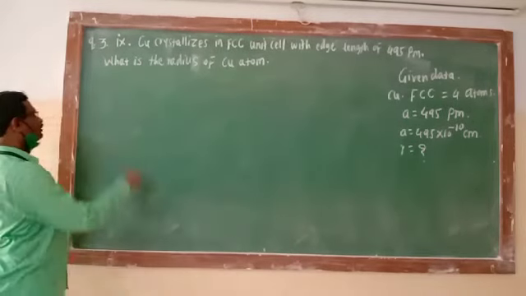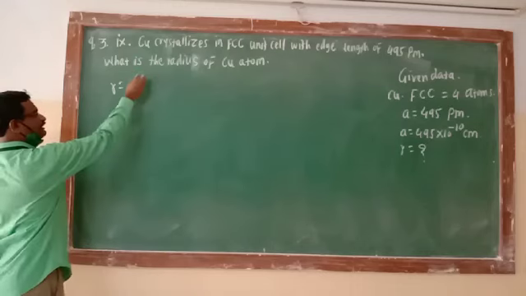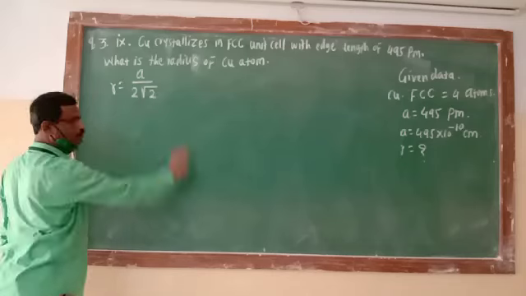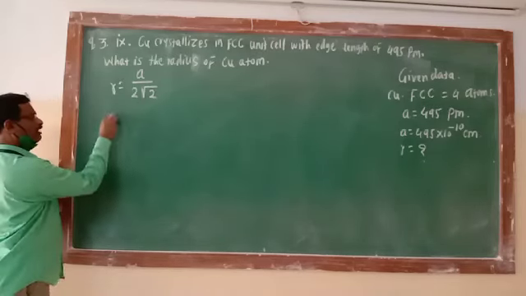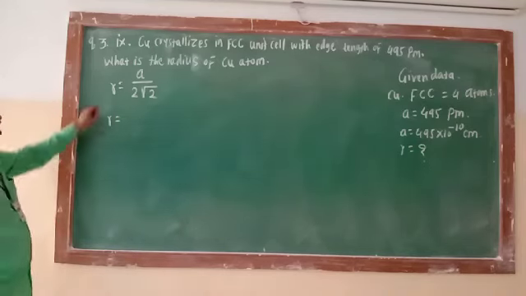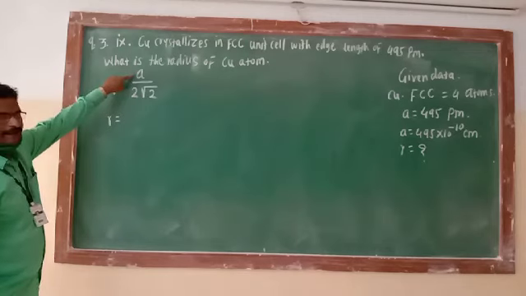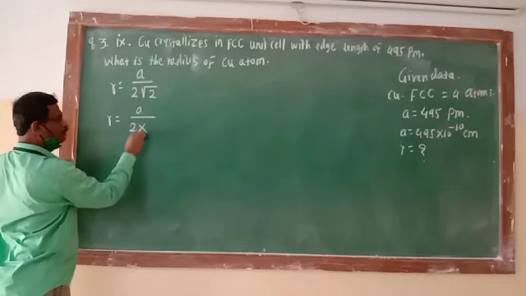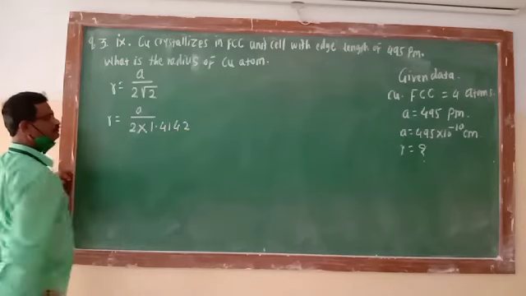We know the radius r for FCC has the formula a upon 2 root 2. We have solved this already. So r will be equal to a divided by 2 into square root of 2, where root 2 is 1.4142.